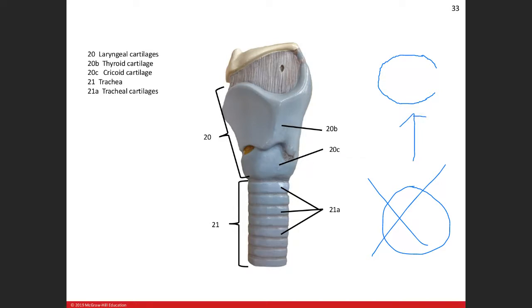We'll talk about that in a moment. Good so far? Just keep in mind the most superior cartilage is going to be the thyroid cartilage. Then you have the cricoid cartilage below it, and then we have our tracheal cartilages below that.